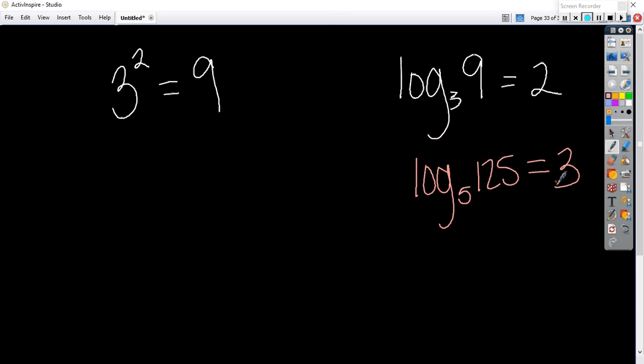What would the exponential form be? Do you see how we're changing forms here? Everybody can do that. Let me give you a little bit tougher one.